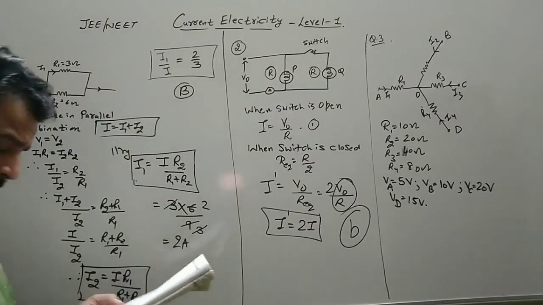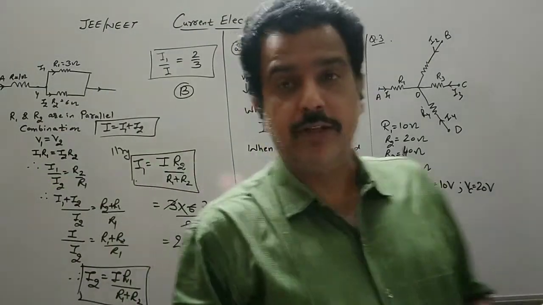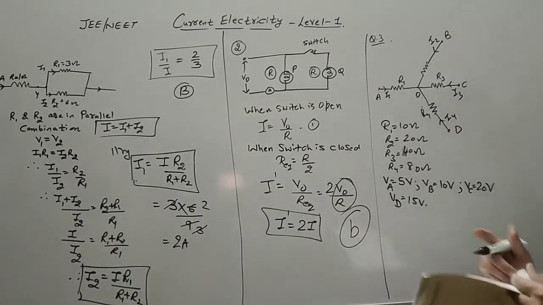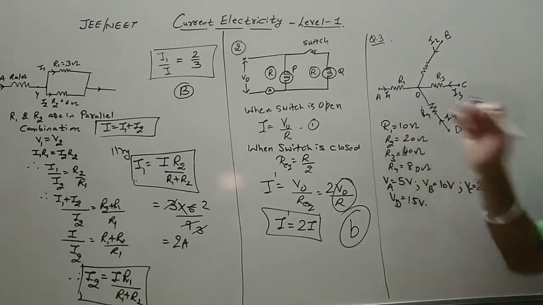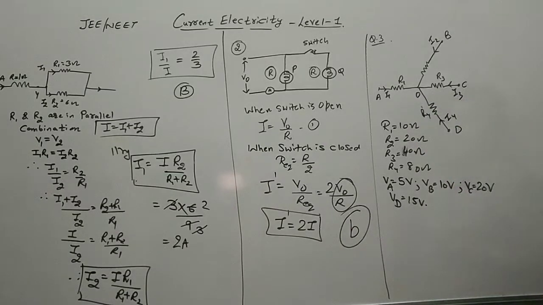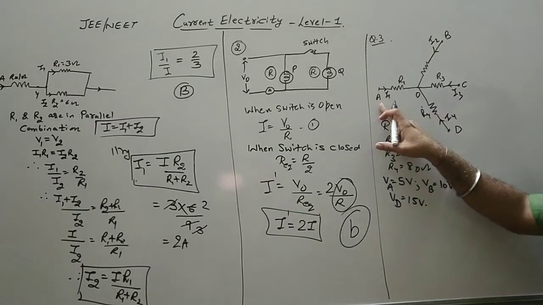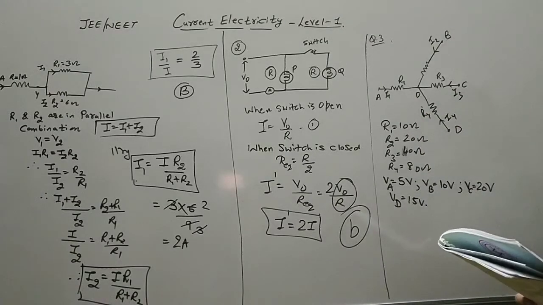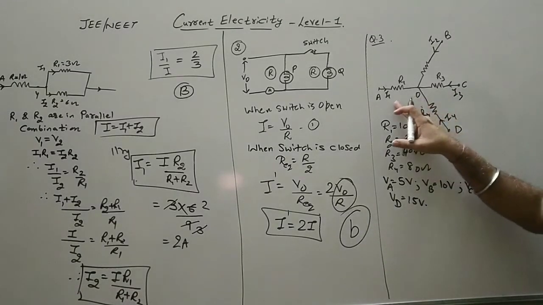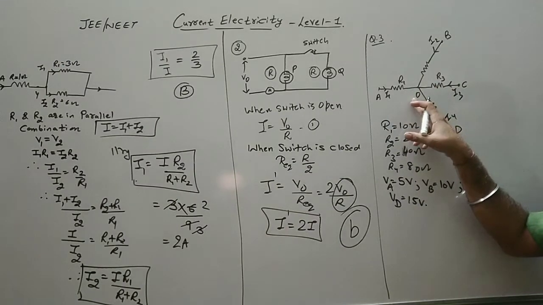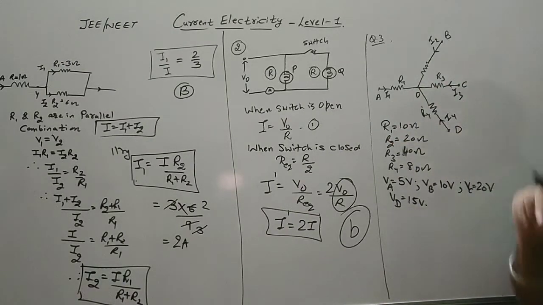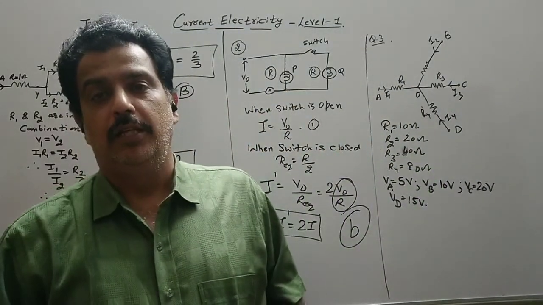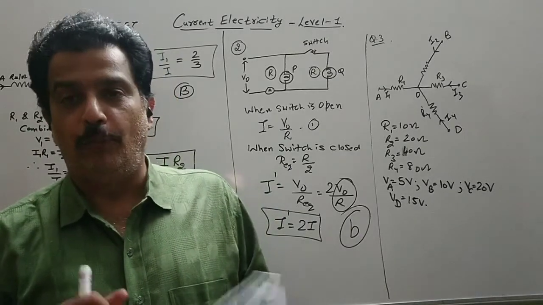Now say that in the option it is given that a current is flowing towards A or away from A. So it means the direction of the current given in the question may not be correct. We don't know whether the potential at point A is more or the potential at O is more. So here you have to find out the current in this resistance, not the potential. But we can find out the direction of the current only when we know which point is at high potential and which point is at low potential.